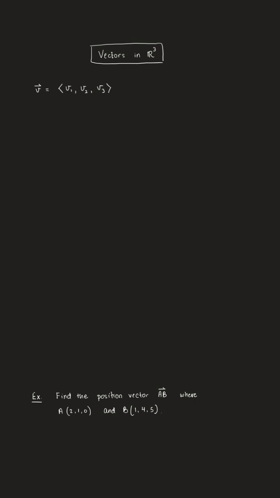We also have 3 standard basis vectors instead of 2 standard basis vectors. So let's write those down. You might remember that standard basis vectors are unit vectors in the direction of each coordinate axis.